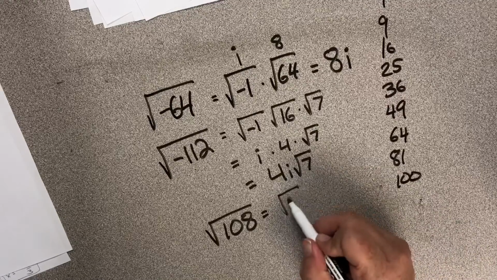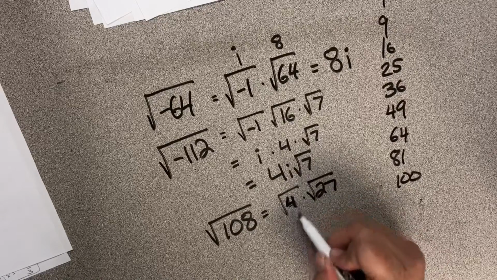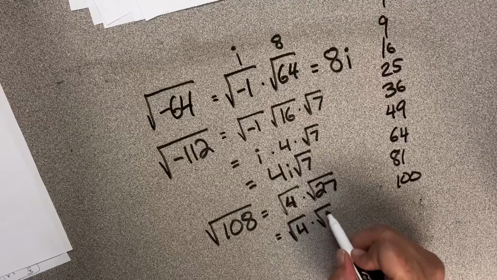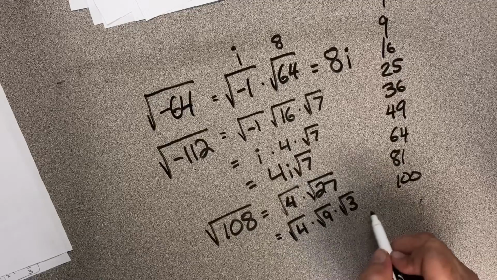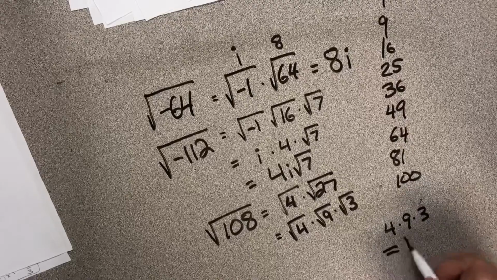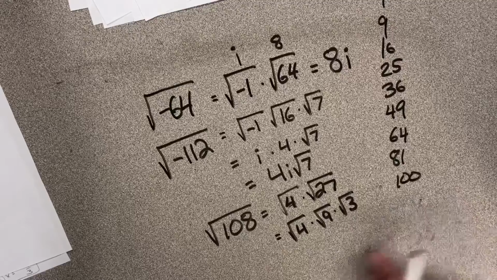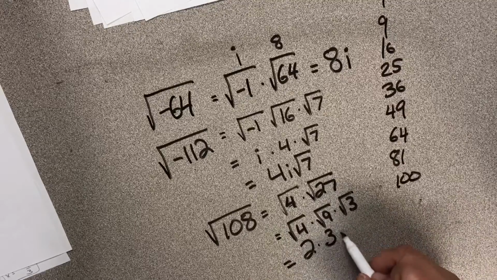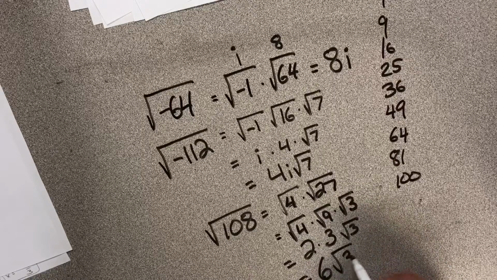So this is square root of 4 times square root of 27. Why don't I break 27 into square root of 9 times square root of 3? And then I might just want to check, does 4 times 9 times 3 equal 108? And if you do the math, it does. It works out. So now I can say that this is 2 times 3 times square root of 3. That equals 6 square root of 3.